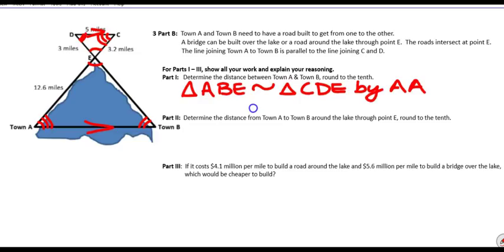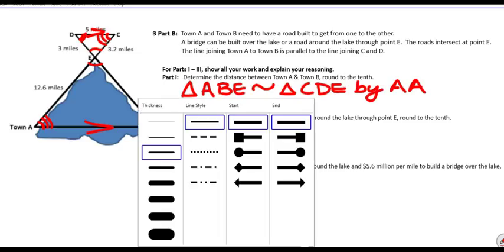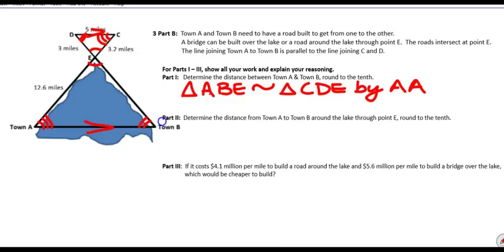Now once we have that, we can determine the distance, and the way that we're going to determine the distance is by using ratios. If you notice over here, AE, first and last letters, maps to CE. So that would be 12.6 over 3.2.